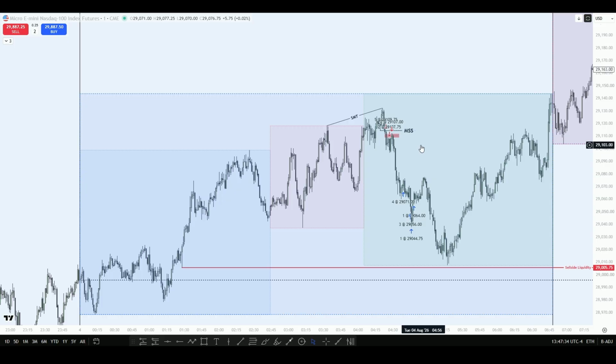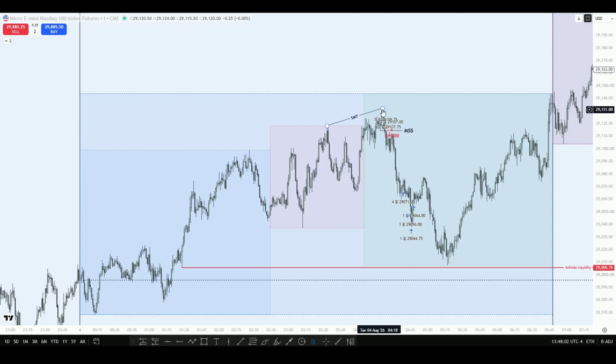And after that we're gonna talk about key PD arrays that you have to have on your chart in order to be able to understand where exactly this thing will form, because SMT, as Michael says, is just a confluence. Okay, SMT is just a confluence, nothing more. So you're not using it blindly, you're using it in combination with time.